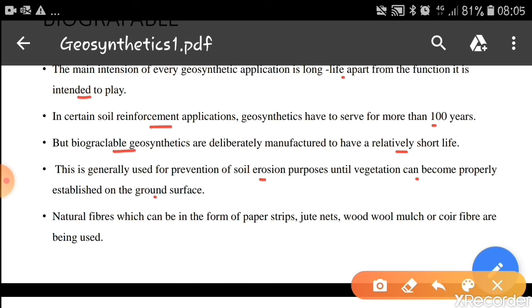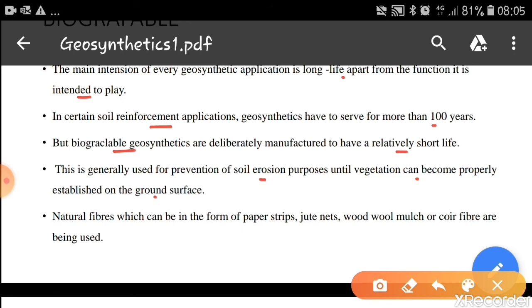That means when they are used for erosion control on slopes, after a few years the vegetation will come, and because of this vegetation the soil will be strong and the erosion will be reduced. Then there is no use for these geosynthetics and they should degrade, otherwise they will be a burden to the environment. That's why they are manufactured to degrade into the atmosphere.